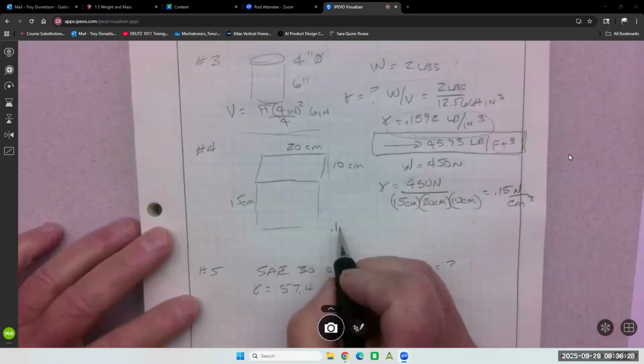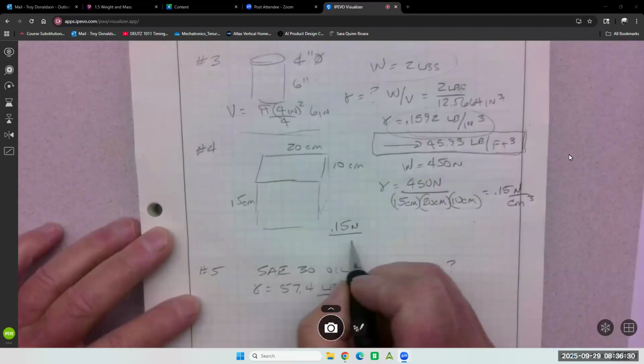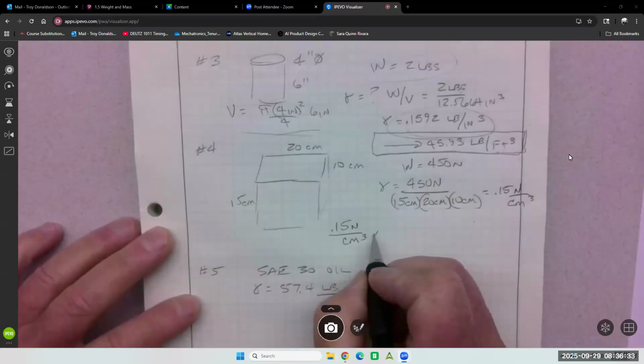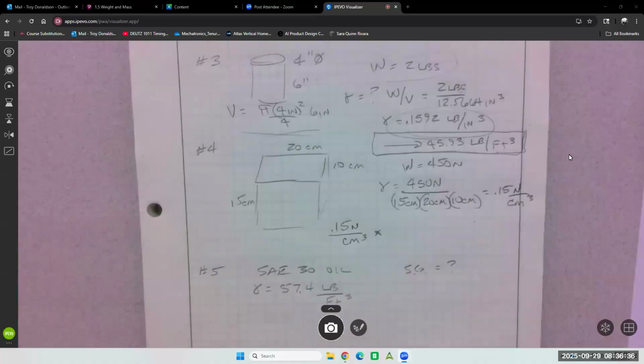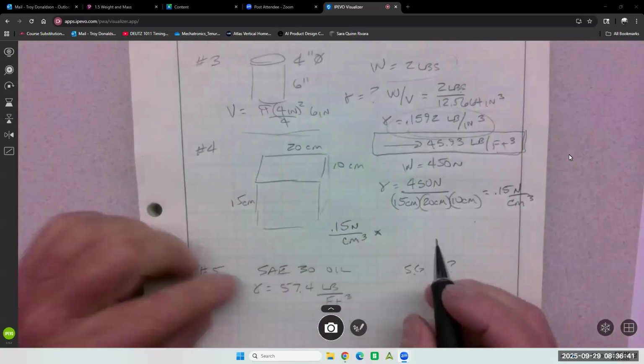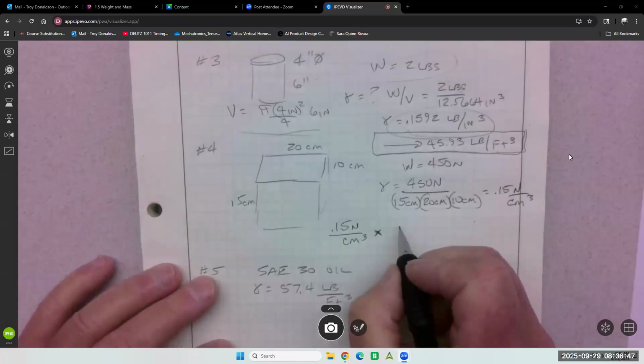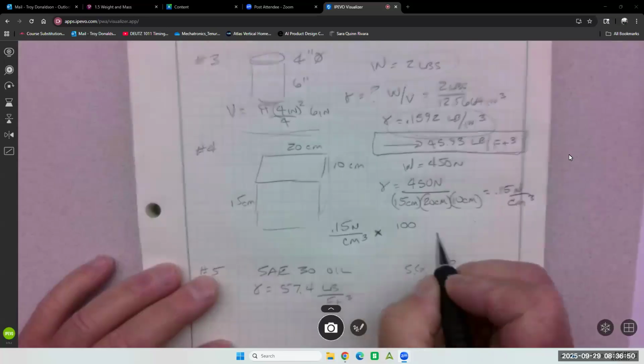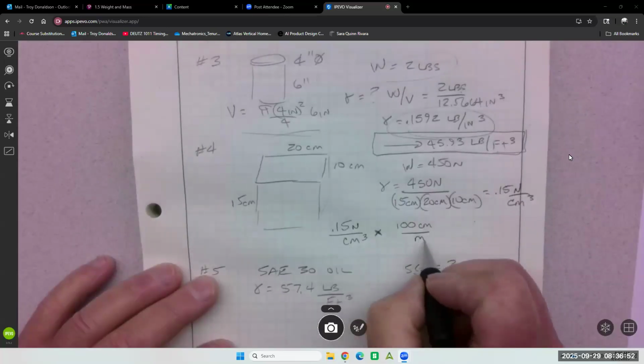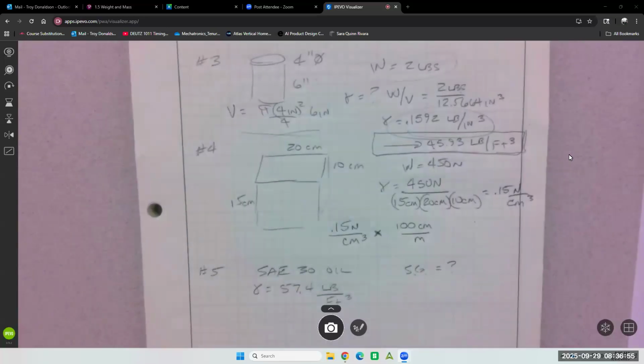So if I have 0.15 newtons per centimeter cubed, then I just think about the conversions and I put those conversions in a position that'll cancel the centimeter cubed out. How many centimeters per meter? There are 100 centimeters per 1 meter, right? There's 1,000 millimeters per 1 meter. So remember, it's 100, 1,000, and 1.